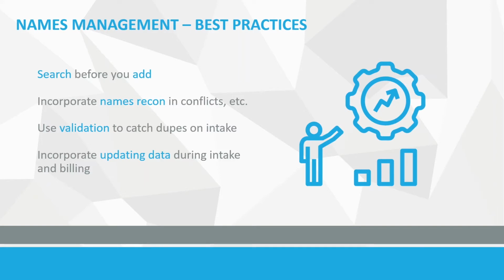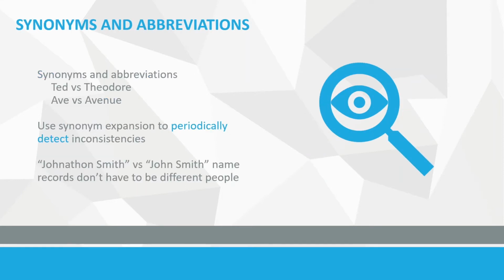Ultimately, we're talking about incorporating the process of updating or curating your data into the existing billing processes. One of the most complicated pieces of the puzzle are synonyms and abbreviations. If you don't have a story around trying to detect synonyms, so Ted and Theodore being the same, or Avenue and AVE, the abbreviation being the same, then this is one thing that you can incorporate into your process that really will provide lots of return on investment.